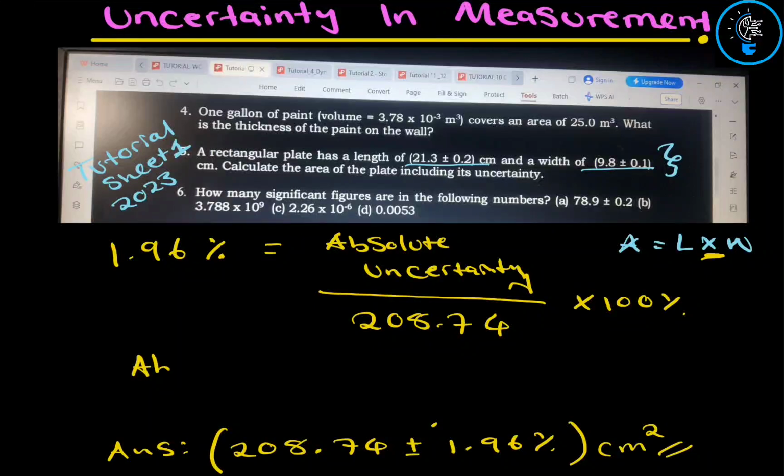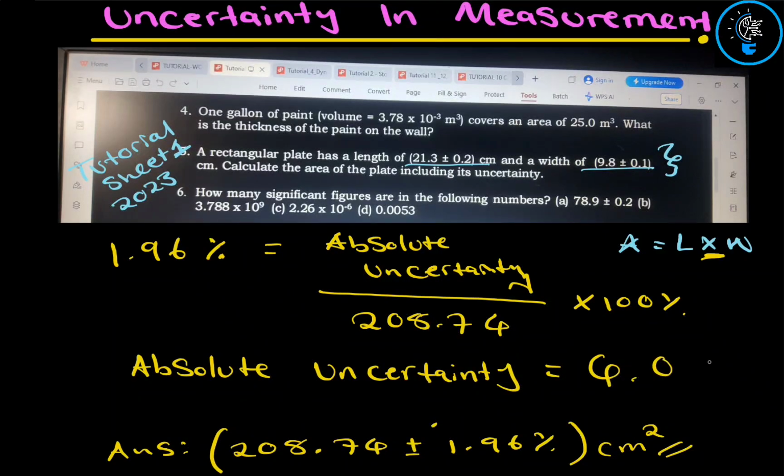So to calculate our absolute uncertainty, we are going to say this one, 1.96 times 208.74 divided by 100, and we're going to get a value of 4.09, or 4.1 as your value. Okay, let's write it as 4.09.